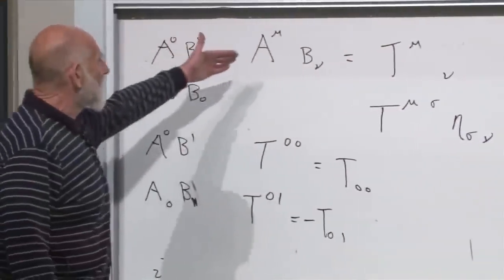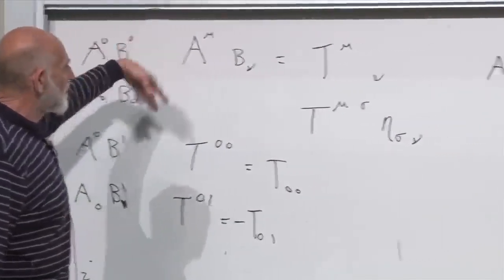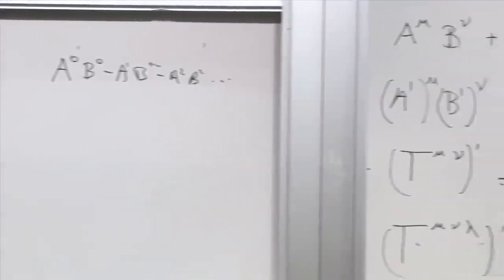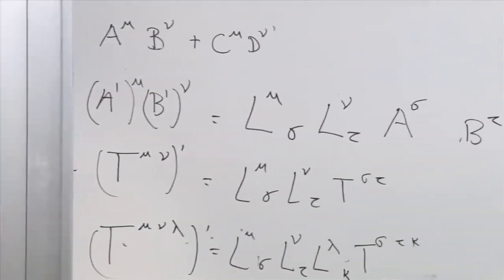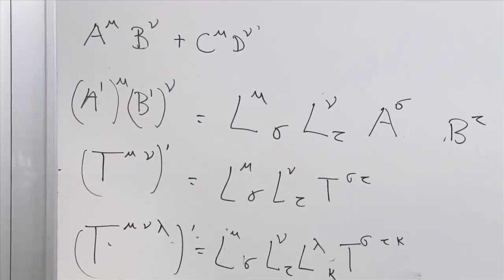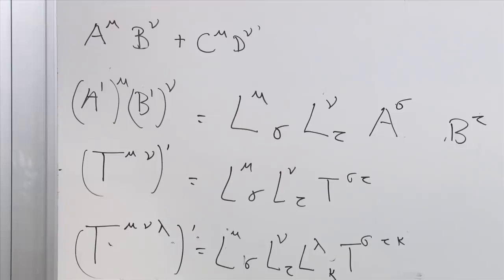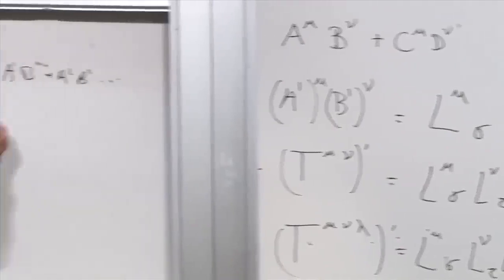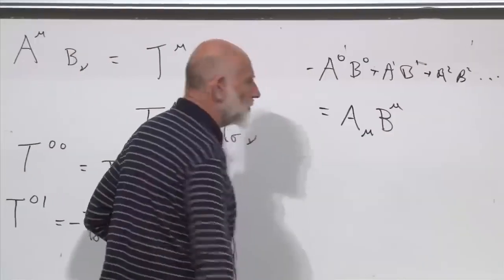This complicated thing, which requires four terms, one minus sign, three plus signs, and four terms altogether. So you can do products of the signs working. Is that all? Yeah, that's all.